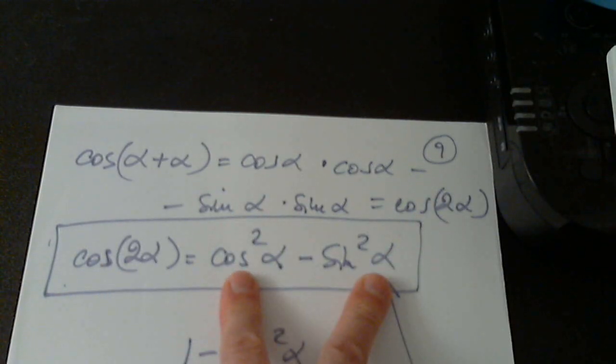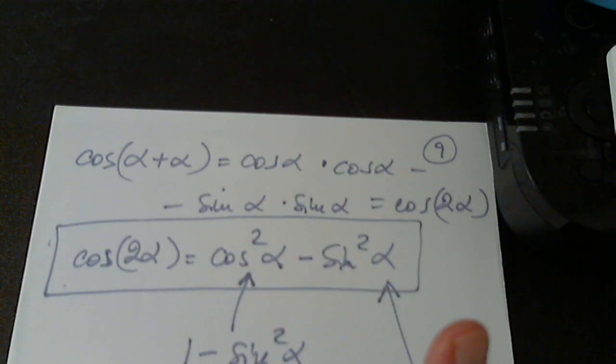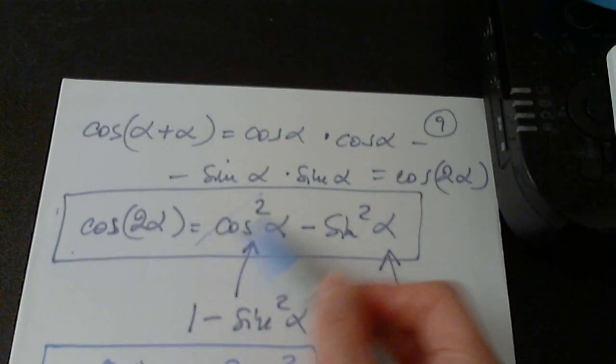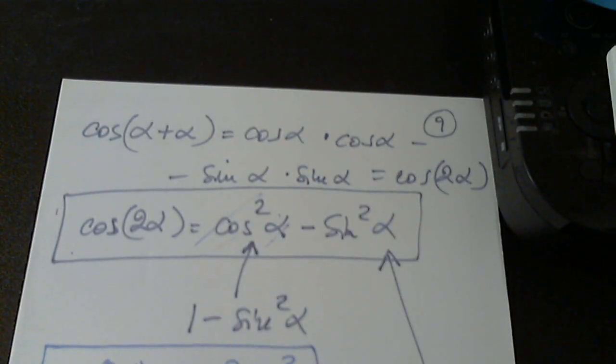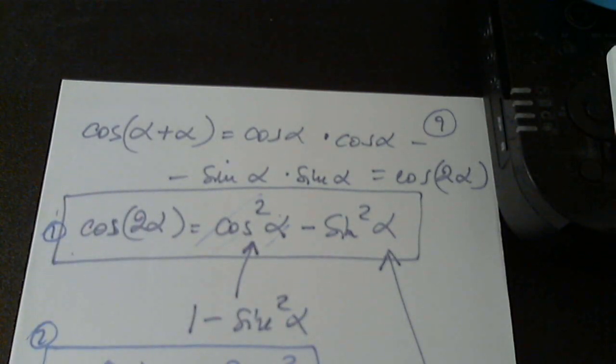So it's cosine squared minus sine squared. It's not cosine squared plus sine squared, which is 1. It's cosine squared minus sine squared. If I replace this piece by this, I get the second identity. If I replace this piece by this, I get the third identity. So this is 1, this is 2, and this is 3 of the same thing.